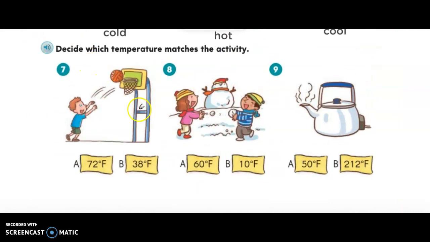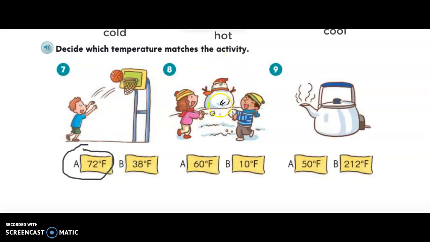Alright, so now we need to decide which temperature matches the activity. So here we have a boy playing basketball. So we need to think about whether it would qualify as a temperature that you'd be outside in short sleeves and shorts. So 38 degrees Fahrenheit would be just above freezing there. So definitely A for this one.